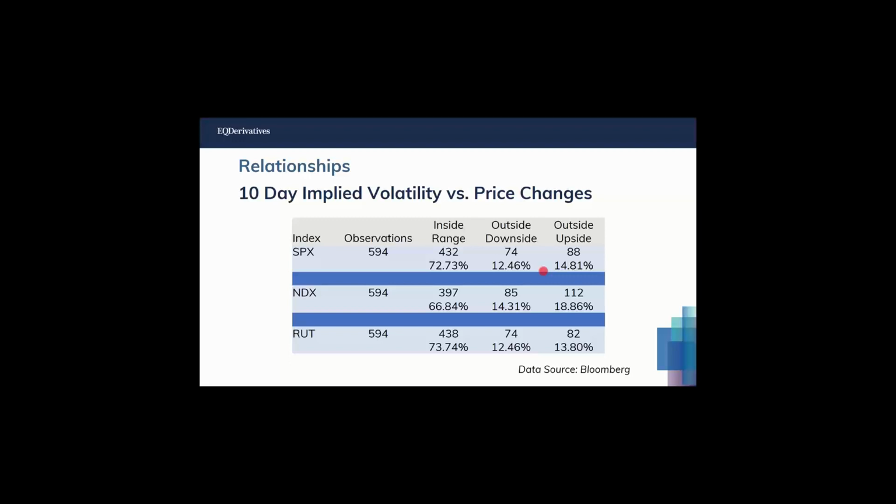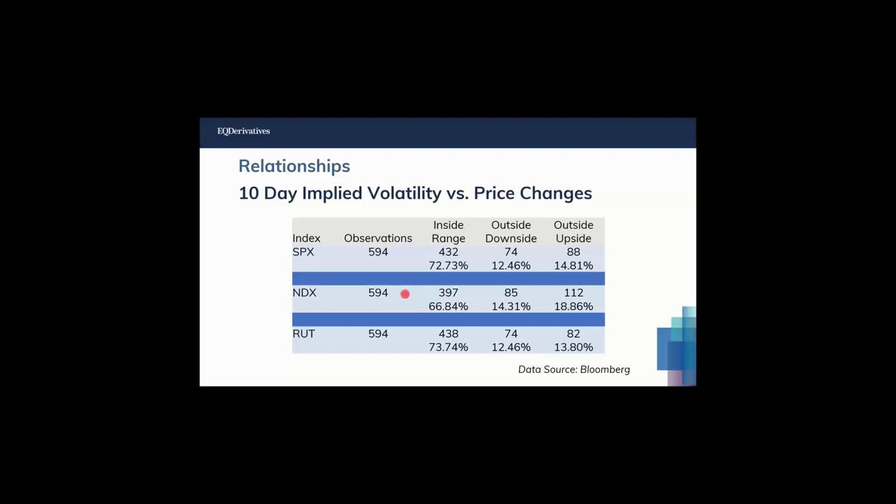And I've heard this anecdotally from some smart folks that really like to trade iron condors. They say they seem to get blown up to the upside more than the downside if they're consistently doing iron condors, and maybe that's what's showing up here as well. But you're more likely to see an upside move that is greater than what's being priced in by the options than a downside move. So the two takeaways really were short term.